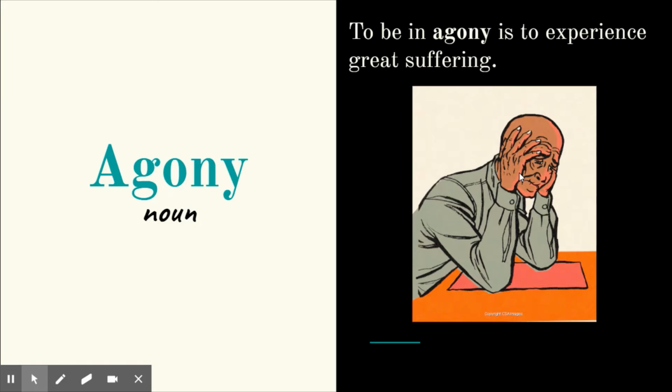Animals are included in things. Okay, so let's go ahead and read the definition. To be in agony is to experience great suffering. Let's read it. To be in agony is to experience great suffering. One more time. To be in agony is to experience great suffering.